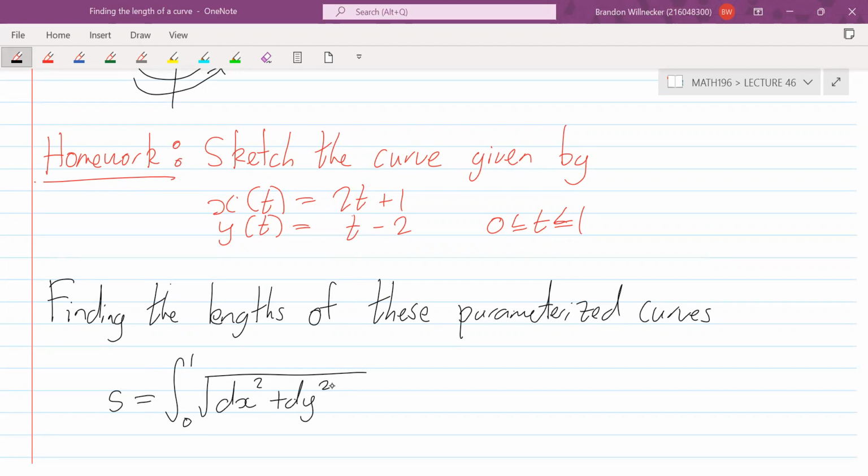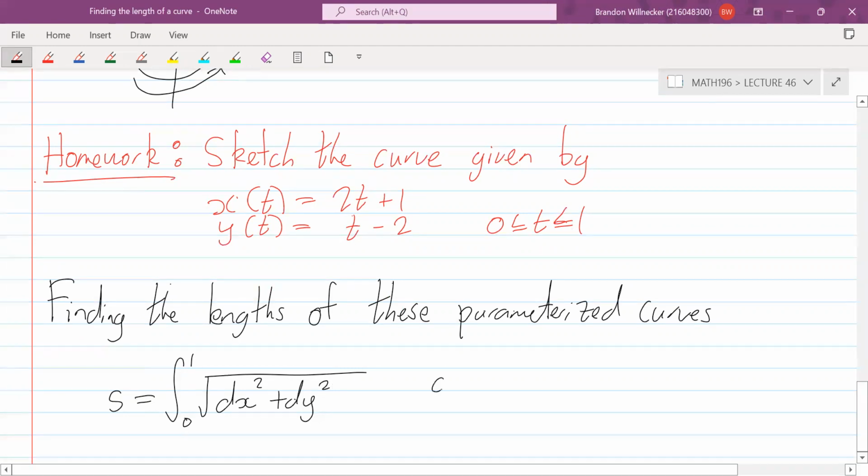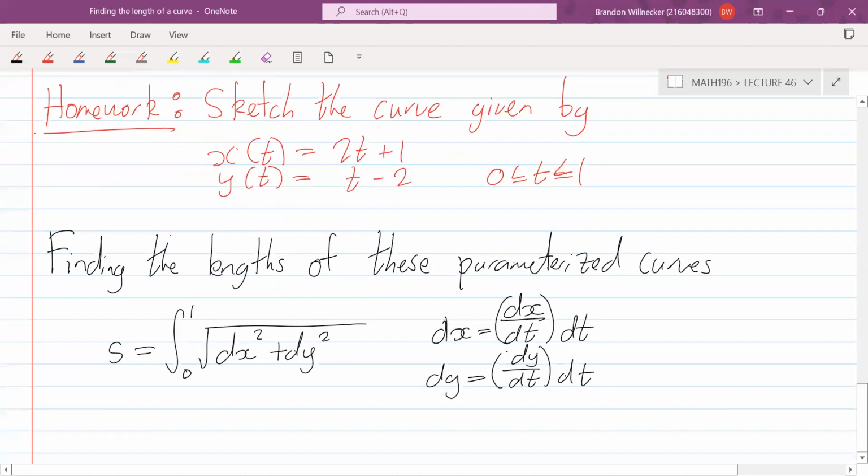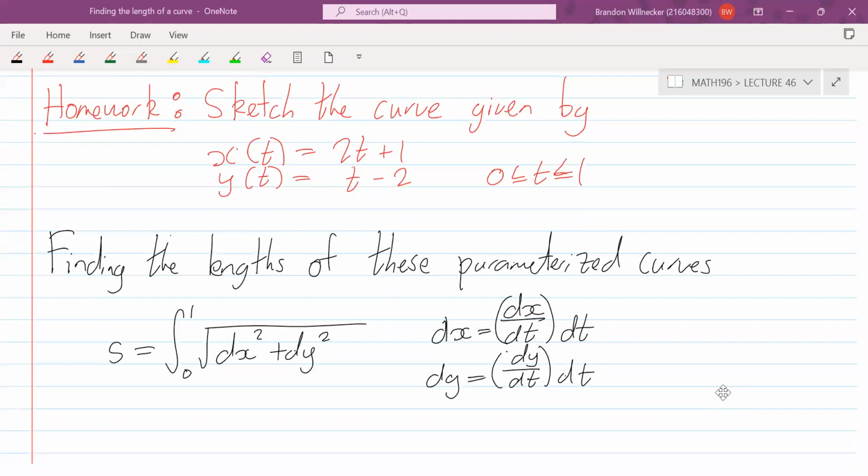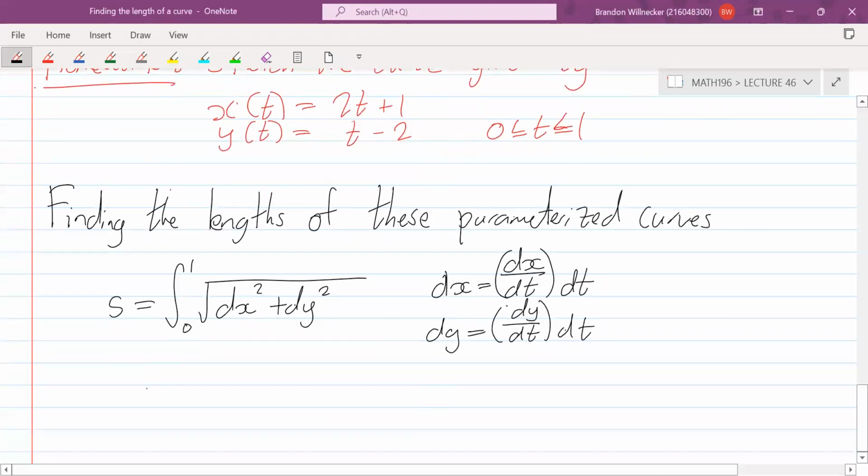But now x is a function of t. So since x is a function of t, then dx is going to be dx by dt dt. And y is a function of t. So dy is going to be dy by dt dt. Because both are functions of t now. So let's substitute that in.